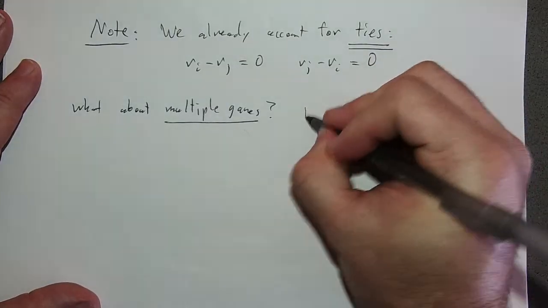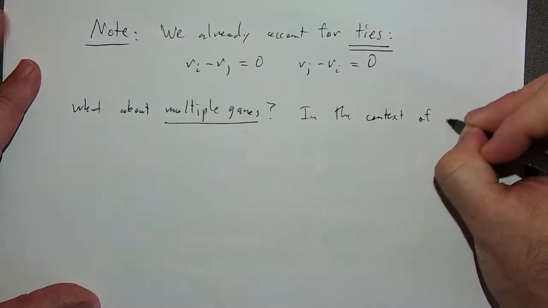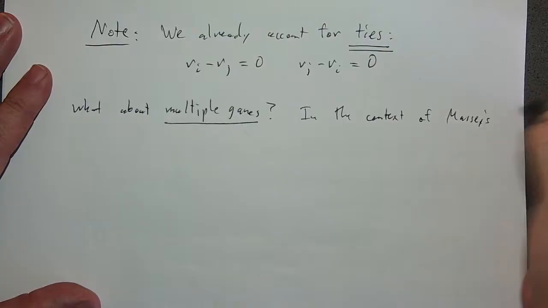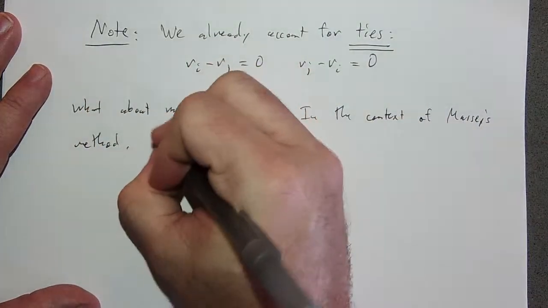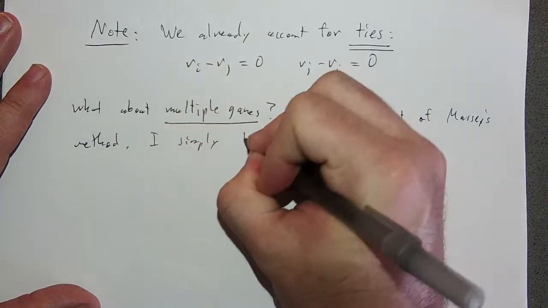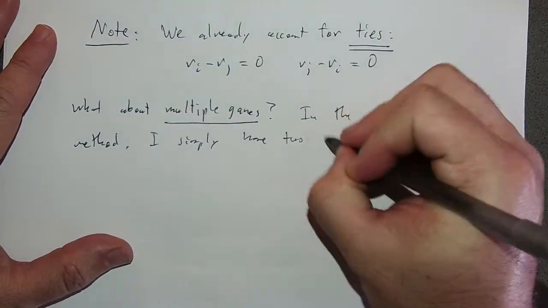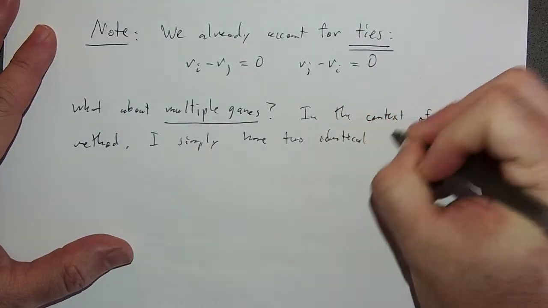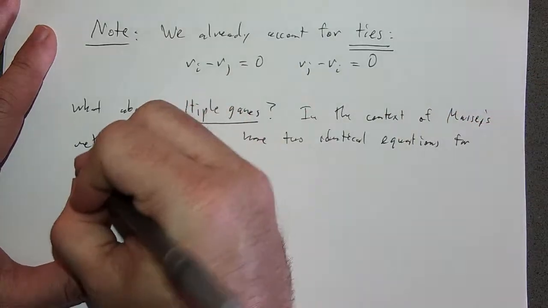Well, in the context of Massey's method, I simply have two identical equations for the same line.